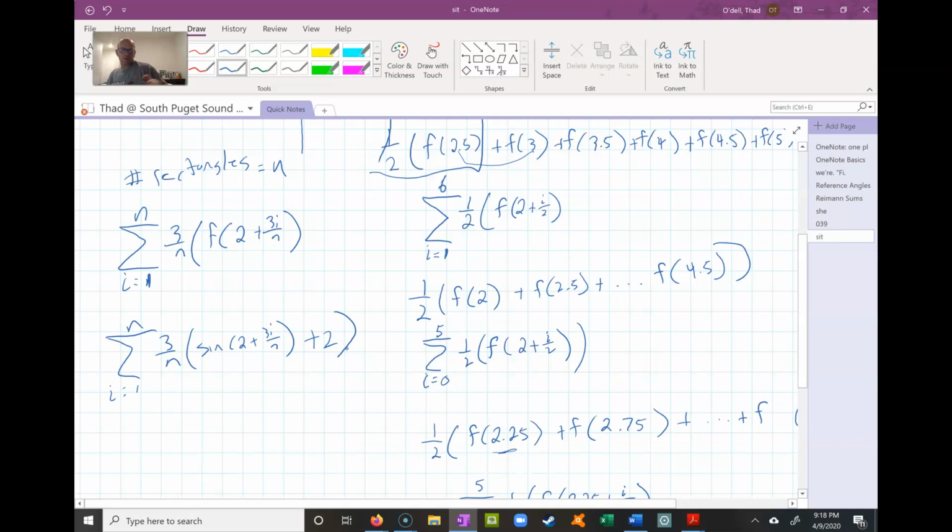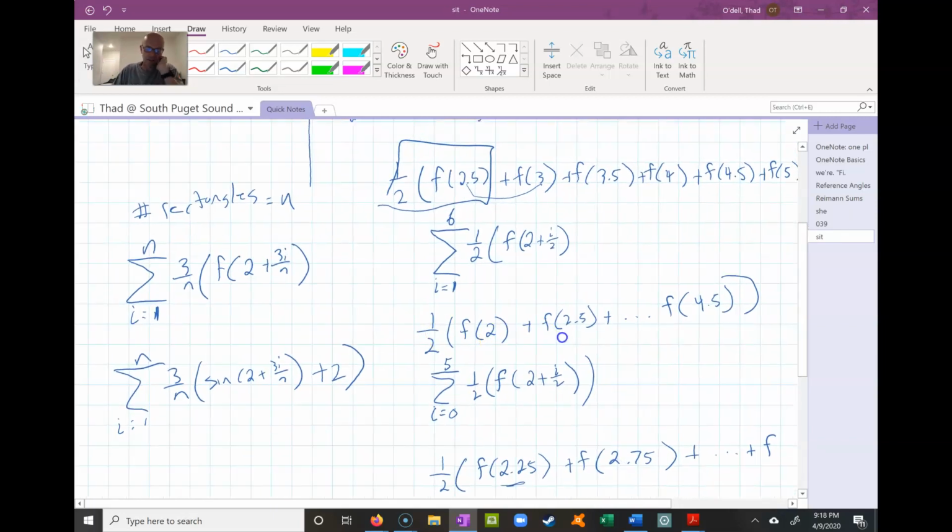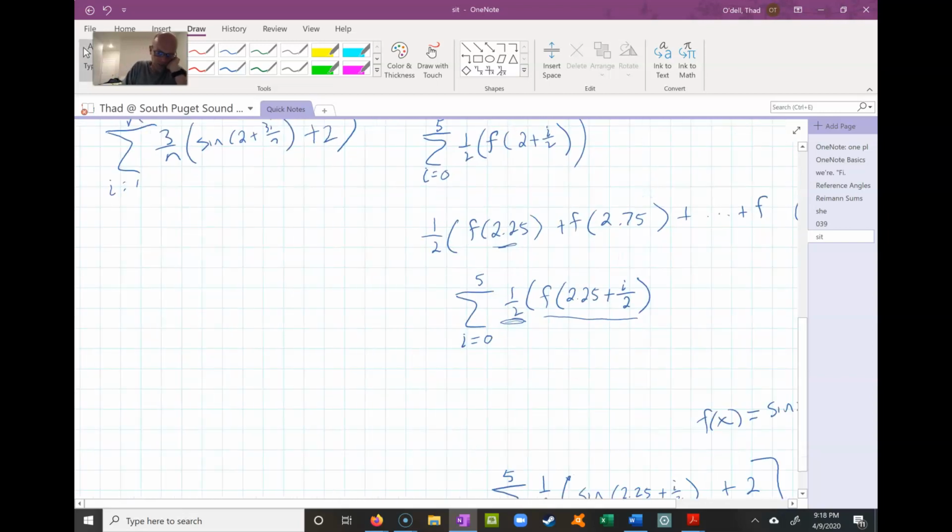Now, what does this do for me? Well, since my number of rectangles is n, then I can get real fancy and throw a limit in front of it and let n approach infinity. So now what we're doing is letting the number of rectangles approach infinity, which means each rectangle is going to get smaller and smaller, because as n gets bigger, this fraction gets smaller.